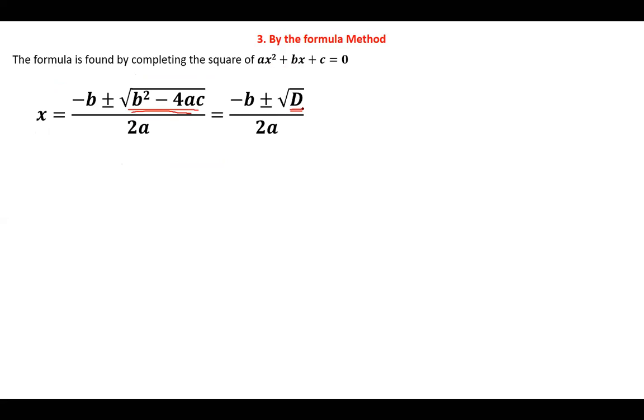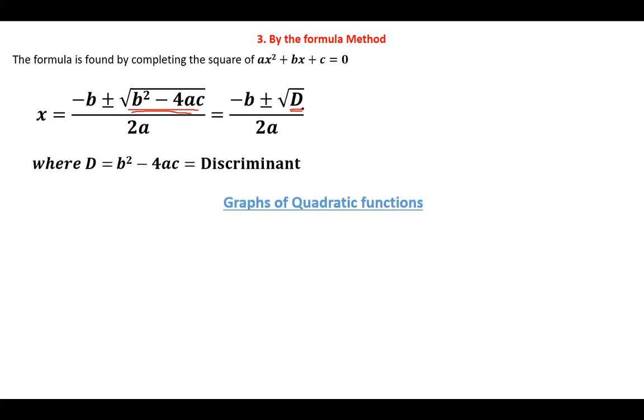As I'm explaining, you might not see its importance, but when we begin to look at the types of roots, you are going to know why I'm saying it's very important. So D is equal to b squared minus 4ac, which is the discriminant.